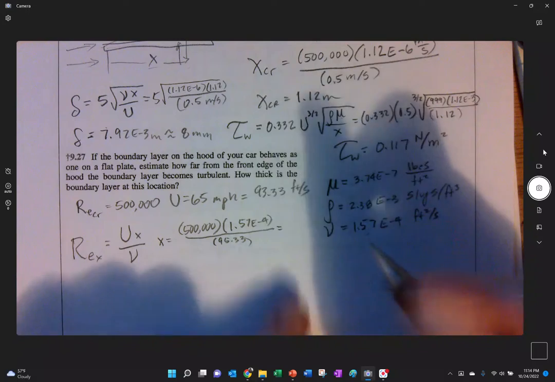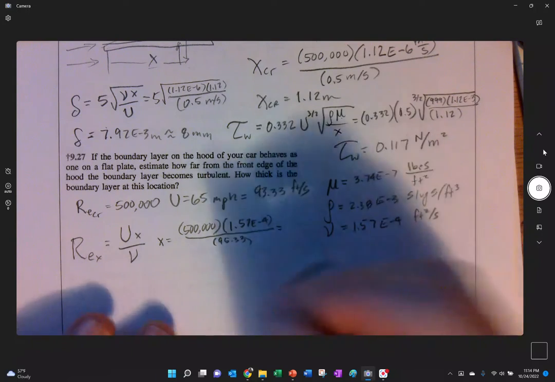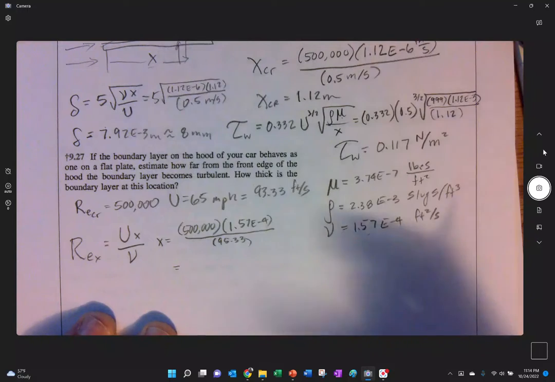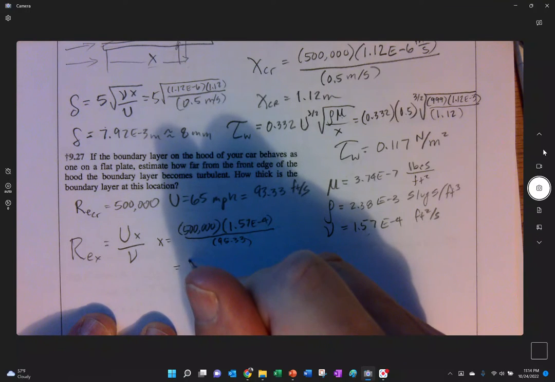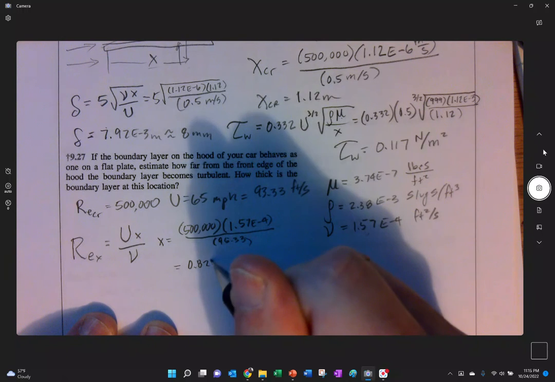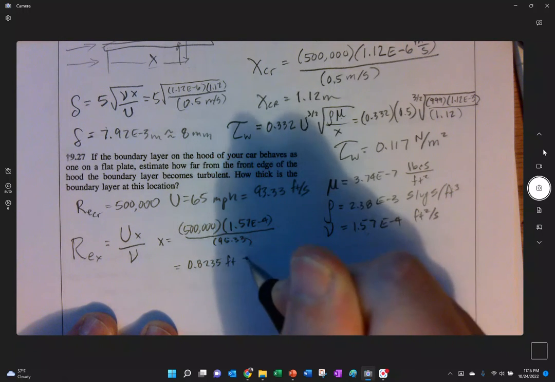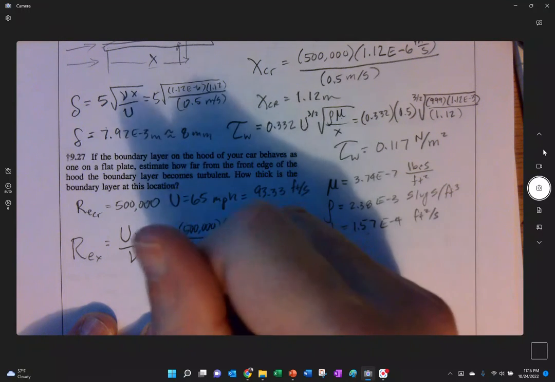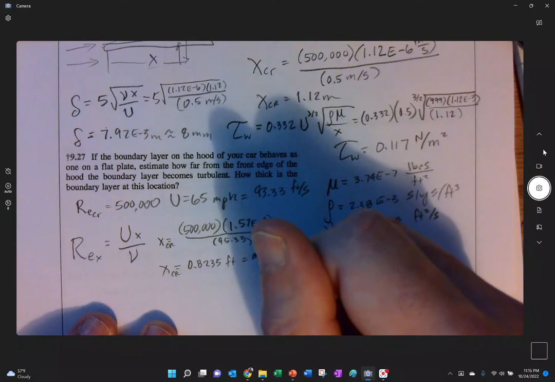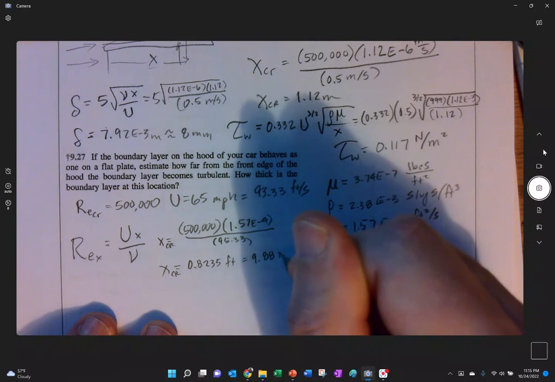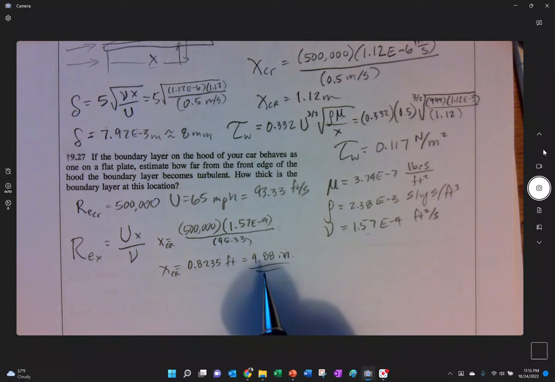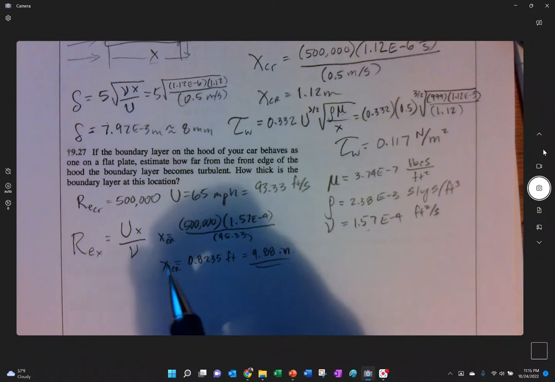Let me put it right below. I don't want to crush over here. So we end up finding 0.8235 feet, which is going to be, maybe I'll write that, x critical is going to be 9.88 inches. So not very far from the front of the hood.